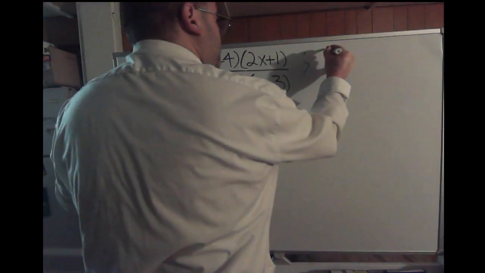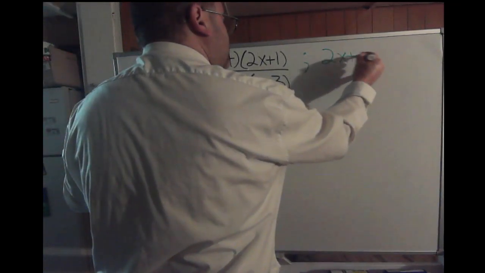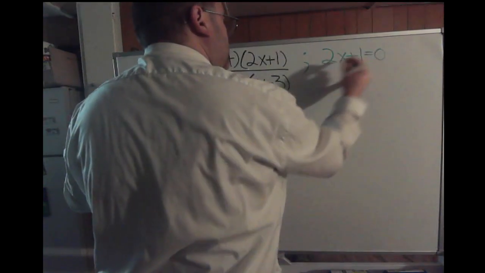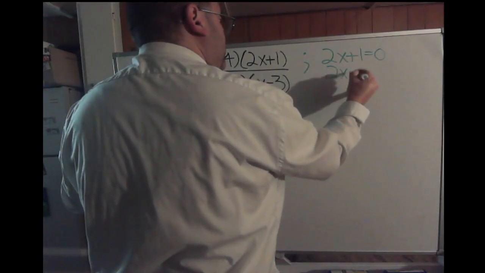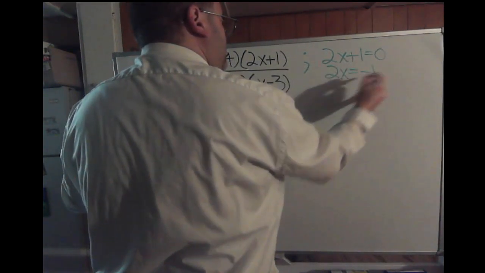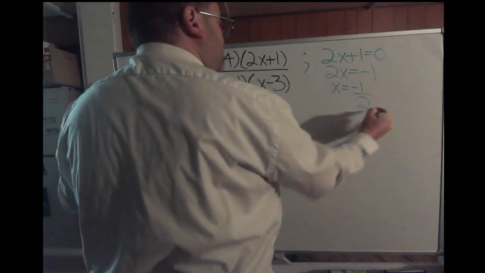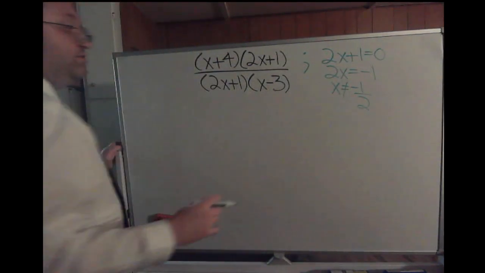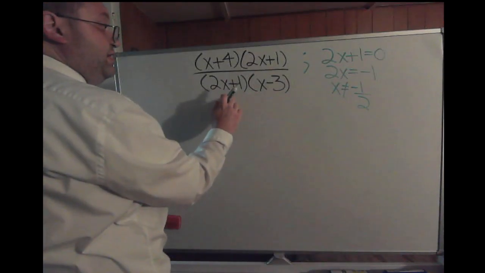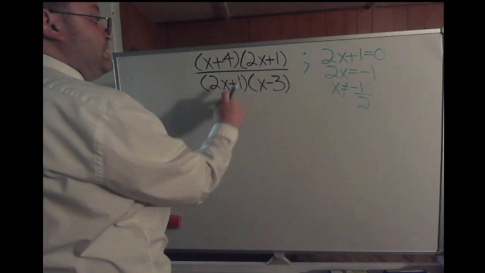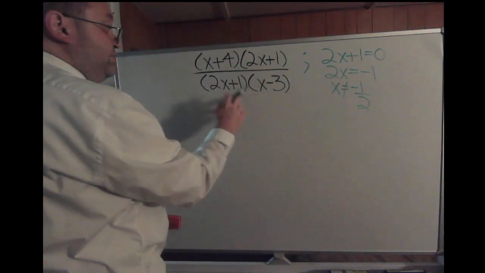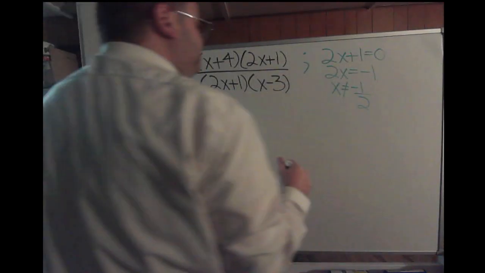You would take the 2x plus 1, set that equal to 0. So then 2x would equal -1, x would equal -1/2, which means x cannot equal -1/2, because if it equals -1/2, you have 0 in the denominator.